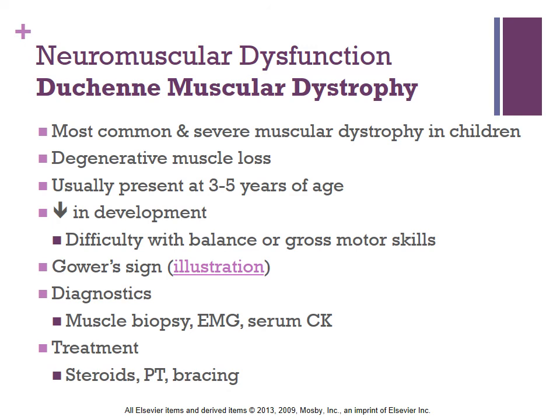Remember that this will be used to detect if there's any muscle inflammation or muscle damage. You'll see that CK levels are drawn in MIs or heart attack problems. Somebody has a heart attack, they'll draw a CK, but they also will do it to see if there's any kind of muscle damage from any other disorders like DMD, and see what the level is on that.